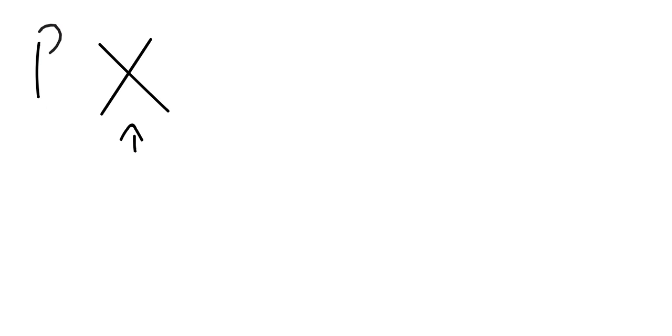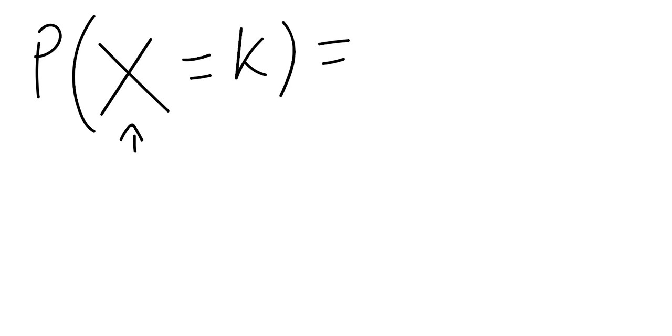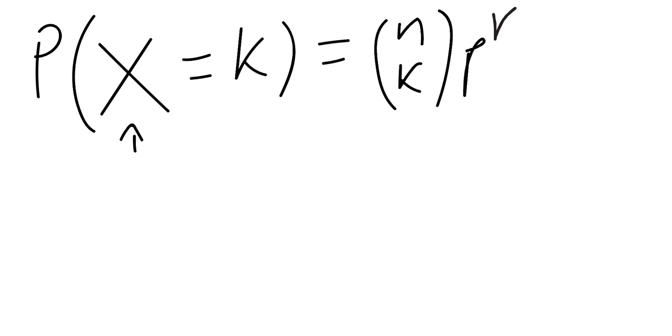So we say the probability that x equals k, the probability that we observe k successes in n trials, is equal to n choose k, p to the k, the probability of success, multiplied by the probability of failure, which is 1 minus p, to the n minus k.